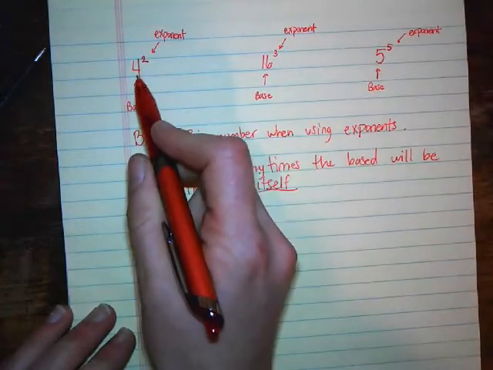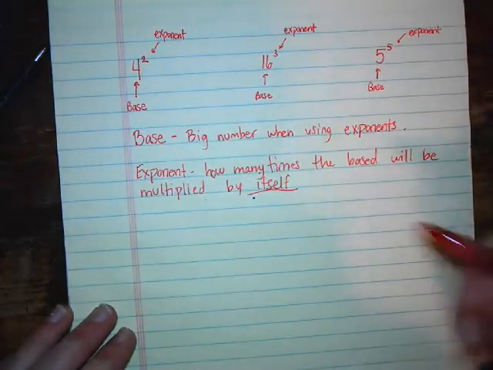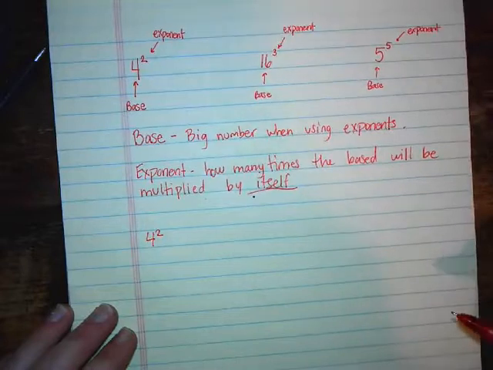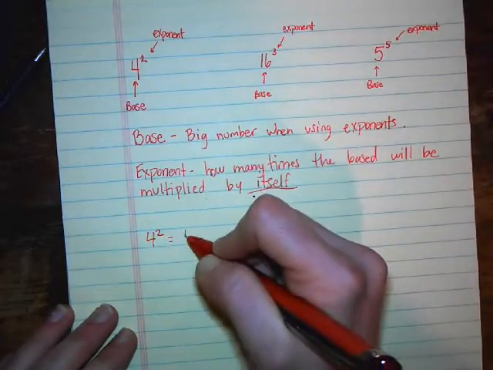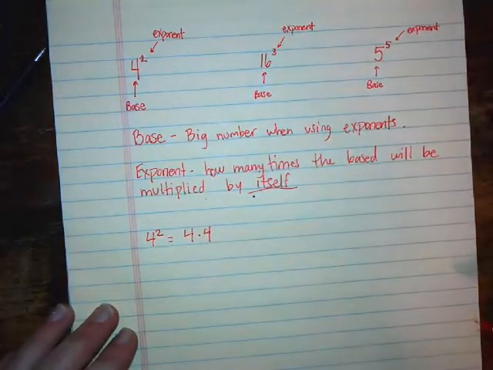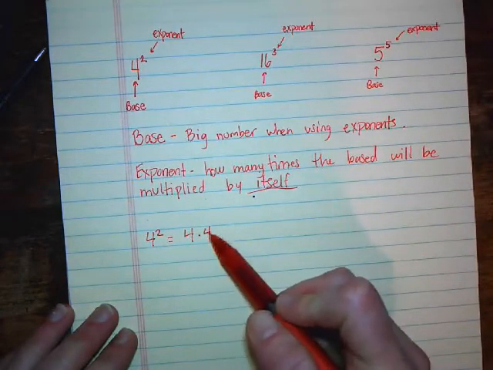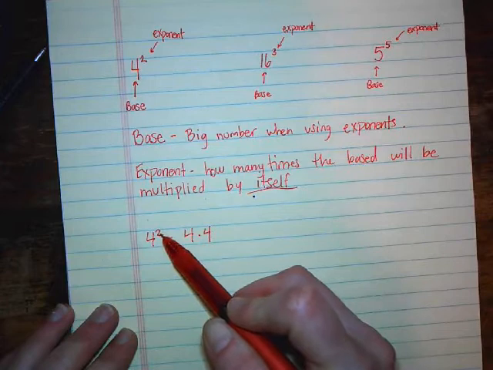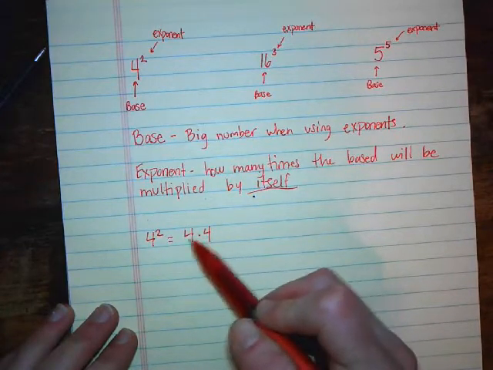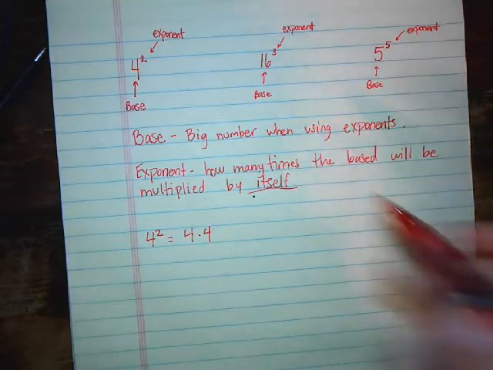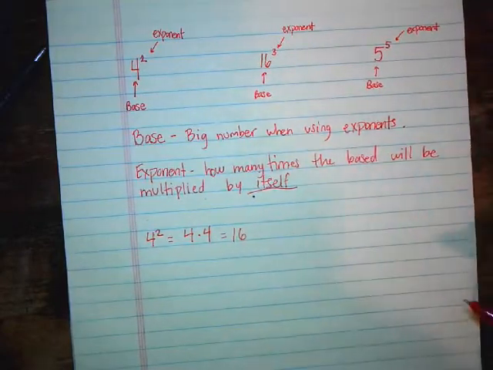So if we're going to expand this number out, 4 to the second power, well, that equals 4 times 4. Because we are going to take the base and multiply it by itself, where we end up seeing two numbers that are the base, 4 times 4. And that we would solve as 16.